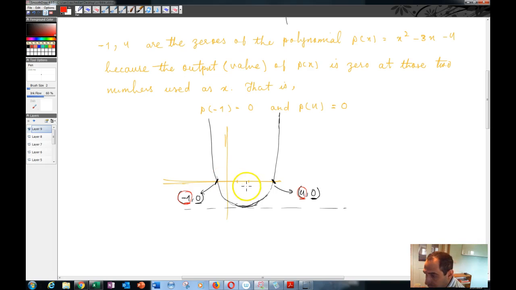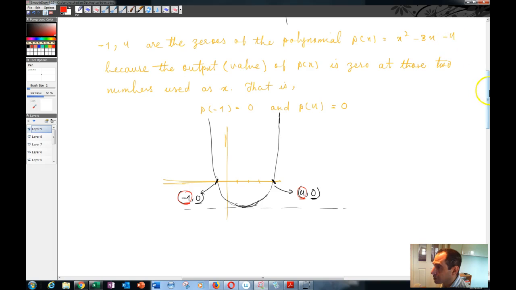So based on that, what you can do is set the output of the polynomial itself equal to 0, and then find the x values at which that happens, and the points that you find there are going to be the zeros of the polynomial.